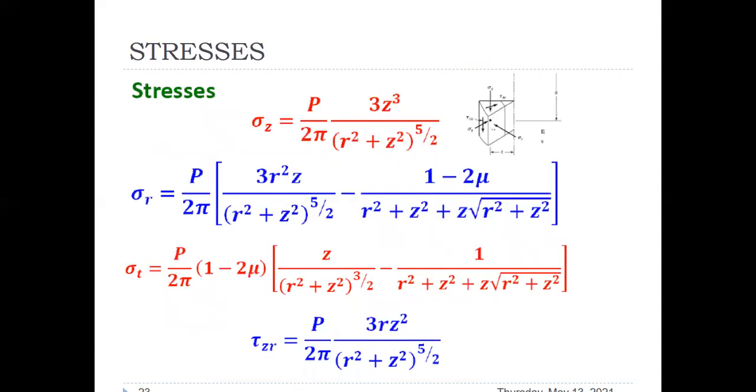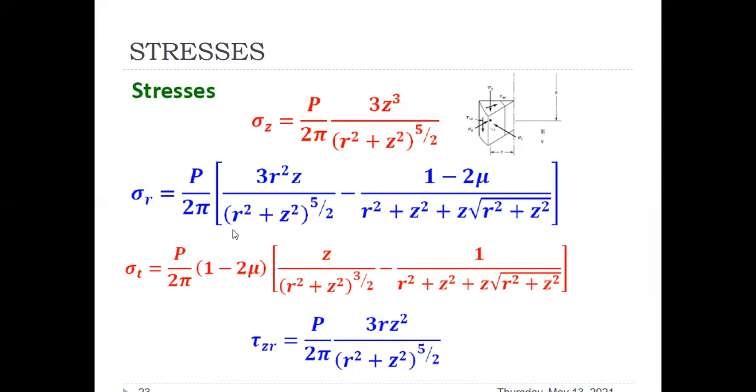There are equations that you can solve, and this has been applied, and you can use these equations for vertical stress, E over 2 pi Z R over Z square. If you are interested in knowing the radial stress, you can use this equation.